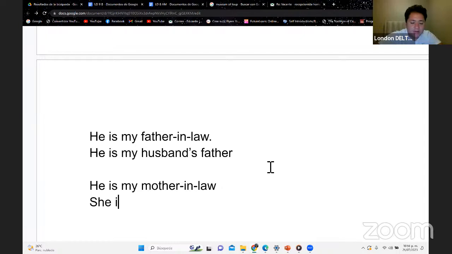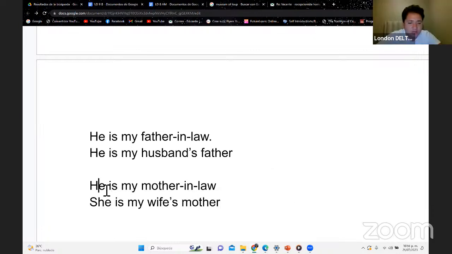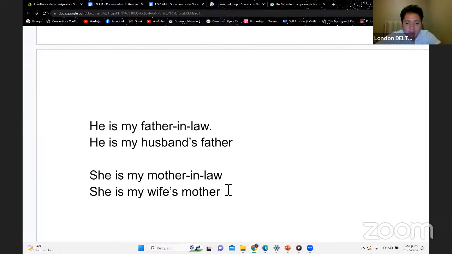She is my mother-in-law. She's my wife's mother. Entonces aquí estamos diciendo, él es el padre de mi esposo, ella es la madre de mi esposa.